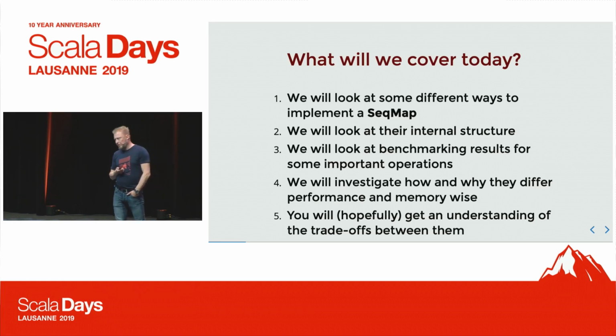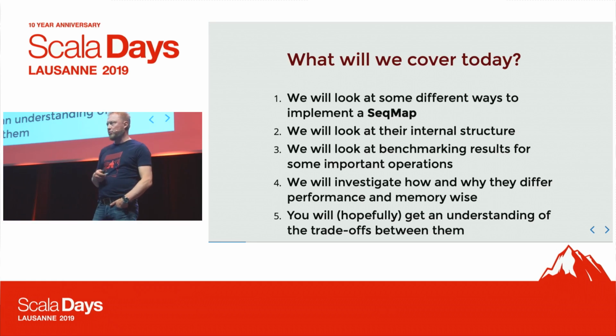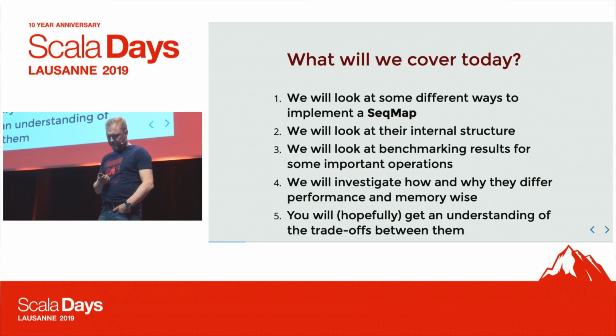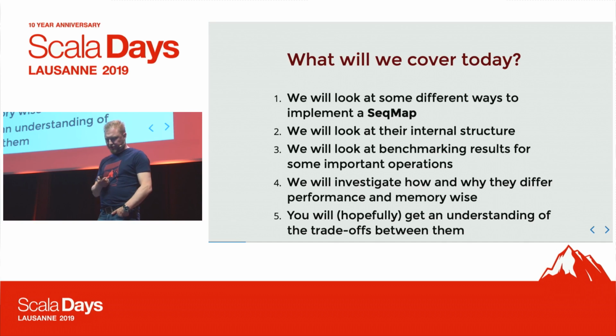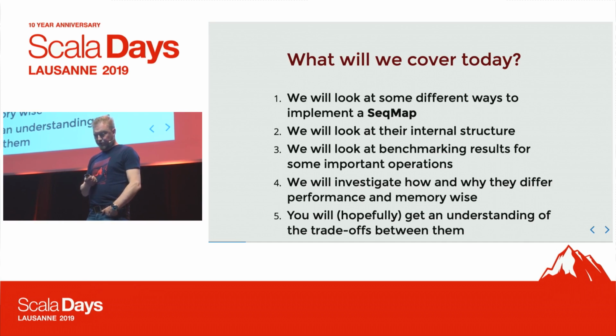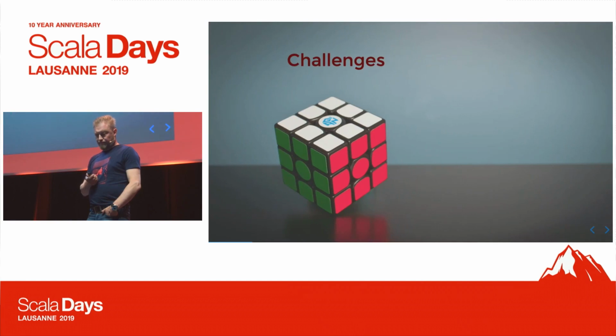We'll see how they differ performance-wise for those operations, and also a little bit about the memory usage. And hopefully you'll get an understanding of the trade-offs between the different implementations, so you can say when to use which. And of course there are challenges, especially with the immutable ones.